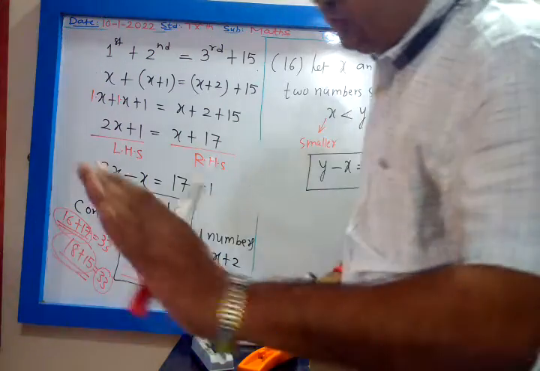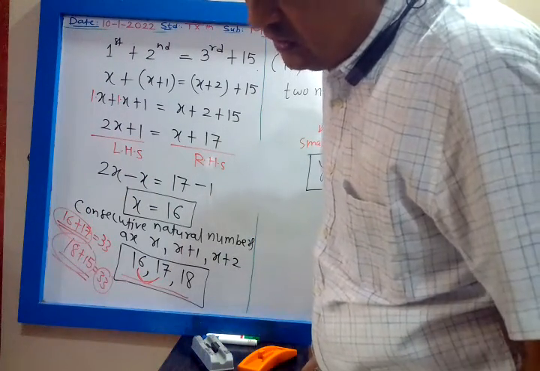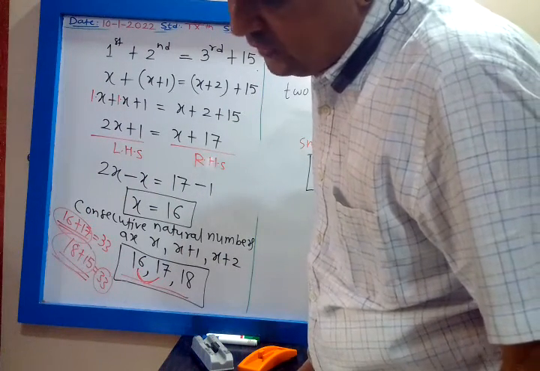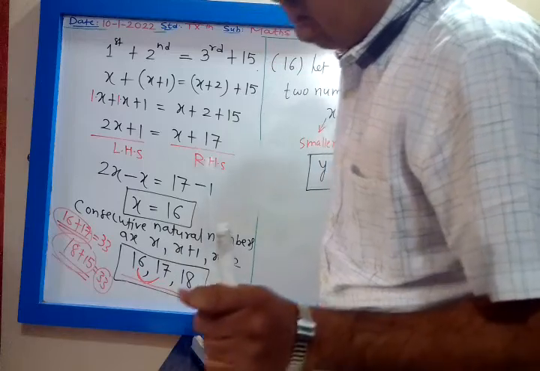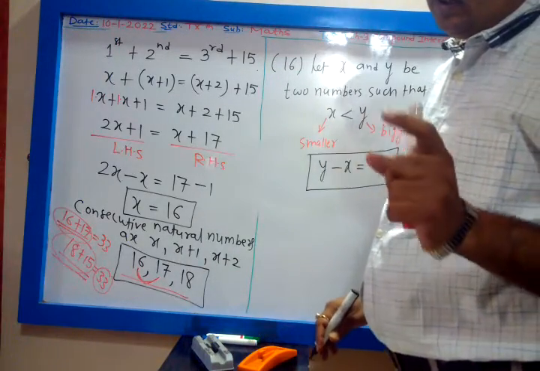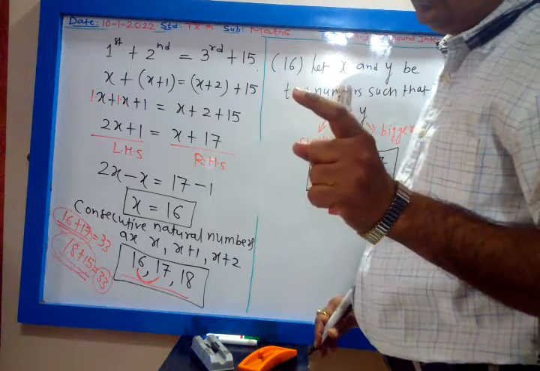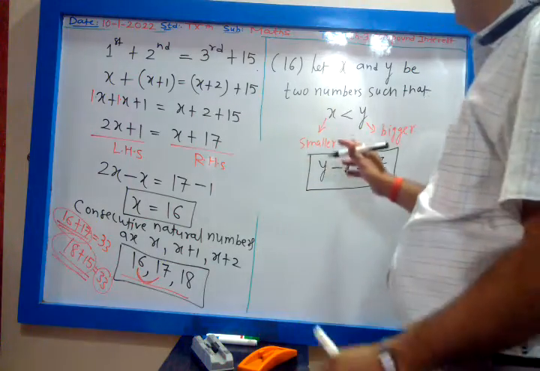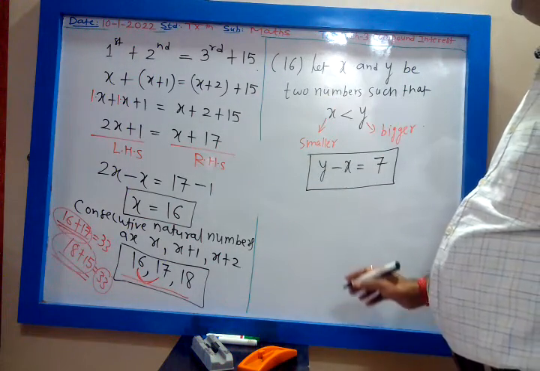Okay. Now what is given further? 6 times the smaller. Which is smaller number? Tell me.